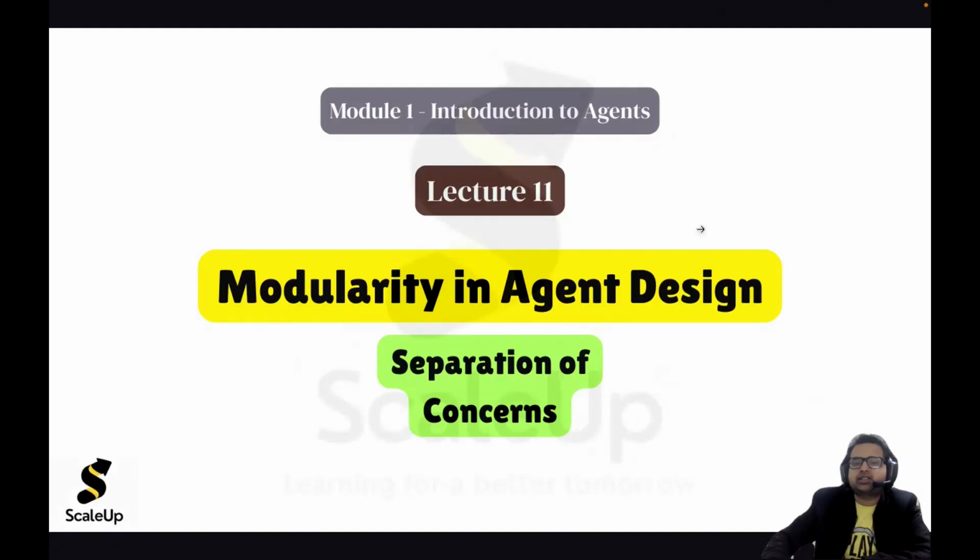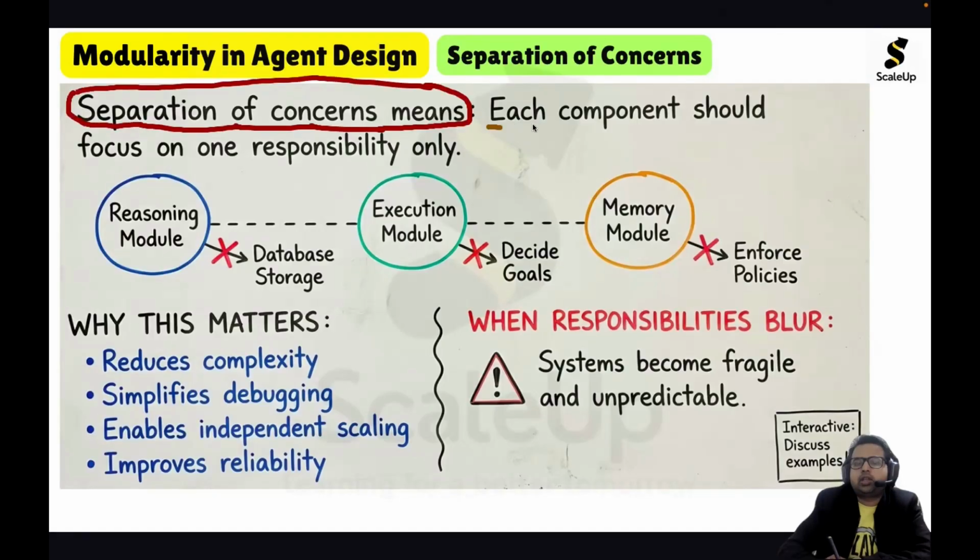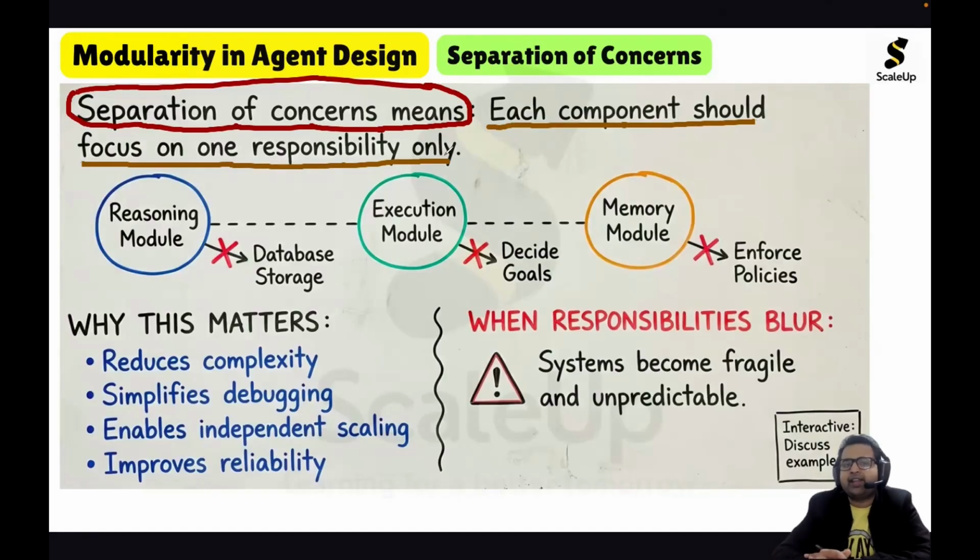Separation of concerns. So separation of concerns means each component should focus on one responsibility only. We already saw the modularity in agent design, wherein we are breaking the agent system into different modules, and we can also call them different components.